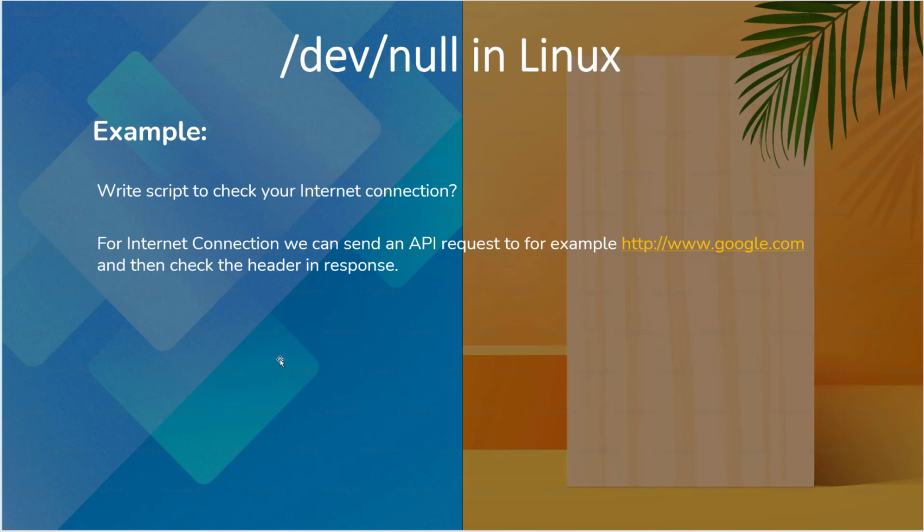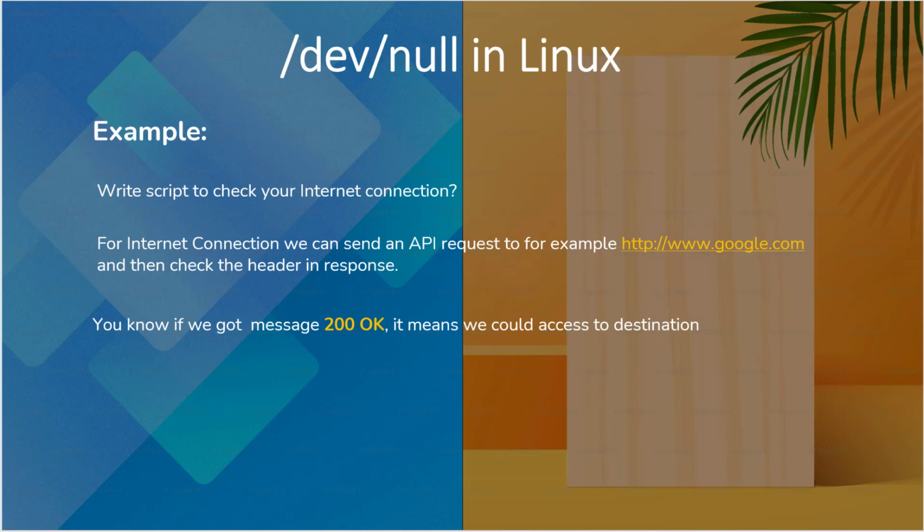When we send an API request to this destination, the destination will reply to us, and we can check the header, and in the header, if we got this message 200 OK, it means the destination is reachable and we have internet access.